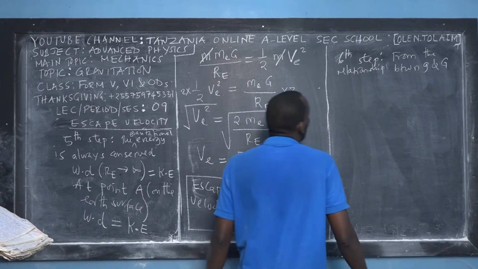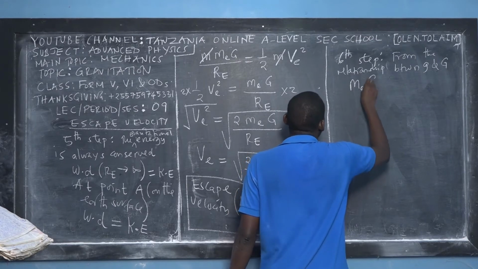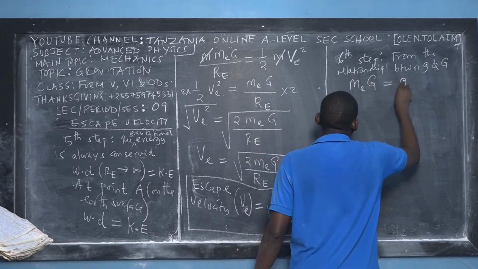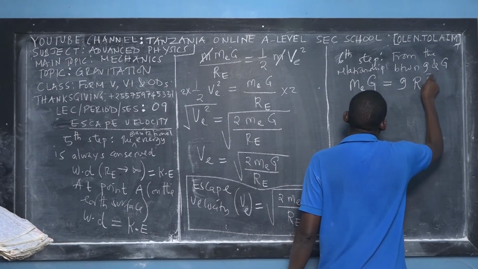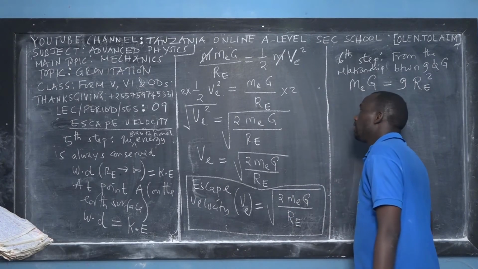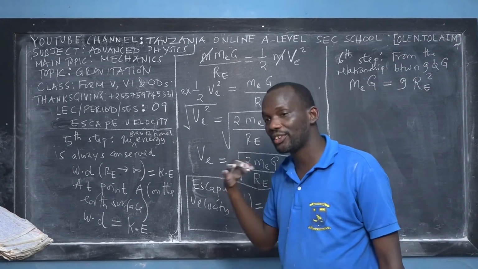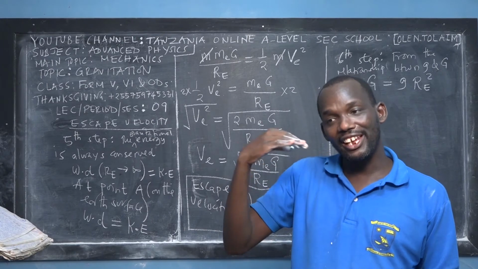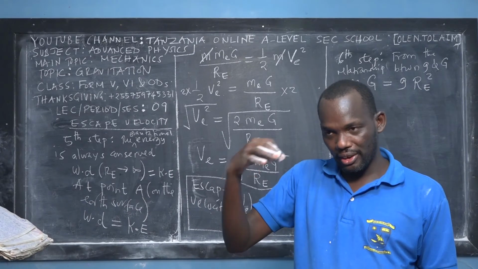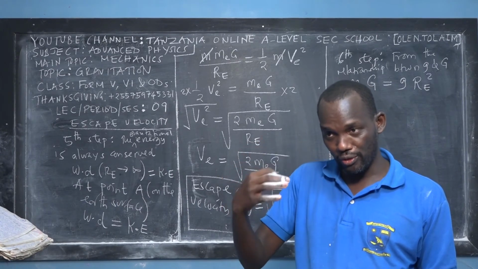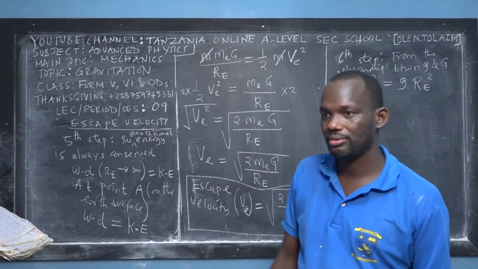I told you, and we derived it together, that the product of the mass of the Earth times the universal gravitational constant is equal to the acceleration due to gravity times the radius of the Earth squared. But this is valid on the Earth's surface, and the escape velocity is computed on the Earth's surface. Why? Because it's the minimum initial velocity required to remove a body completely from the act of gravitational pull.